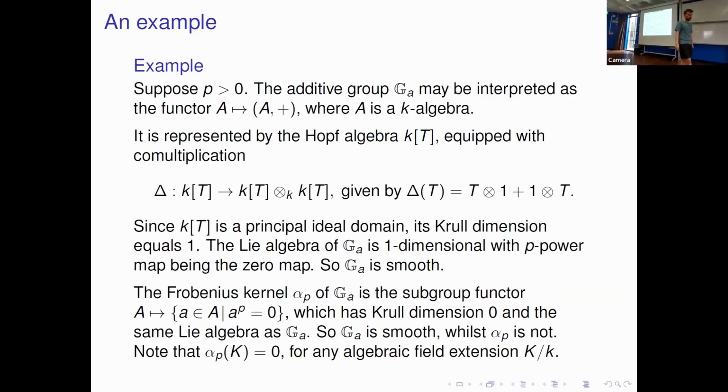Over a field, there's going to be nothing there except 0 itself. But over an algebra with nilpotents, you'll get all the nilpotents. So there is something there. So this thing has curl dimension 0, but the same Lie algebra as G. So this thing is a non-smooth subgroup of G.